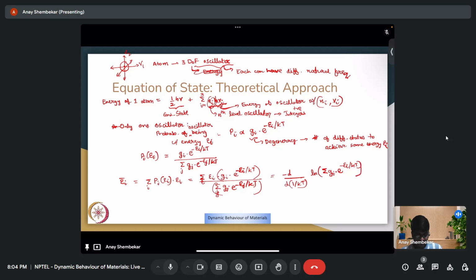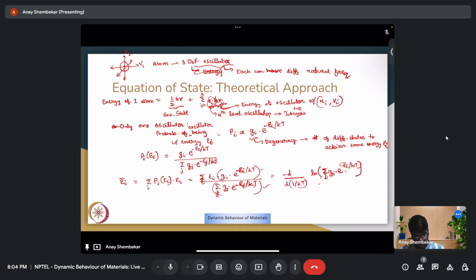So taking the derivative with respect to 1 by kT, you can see that this minus epsilon i would come into the summation, and this whole summation over all i would go into the denominator. So this term would be obtained after the derivative.